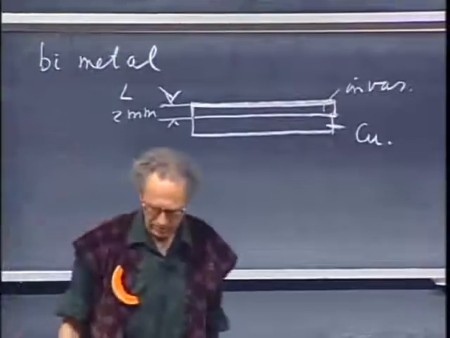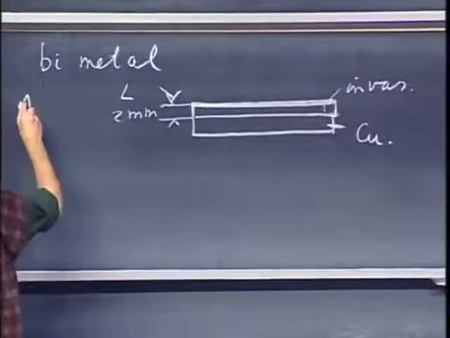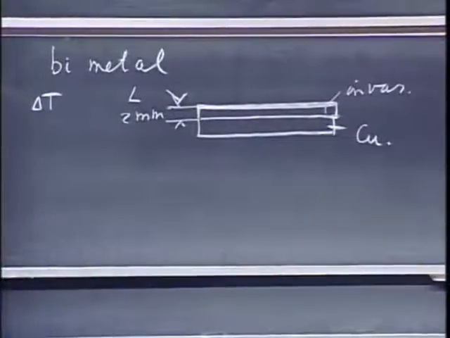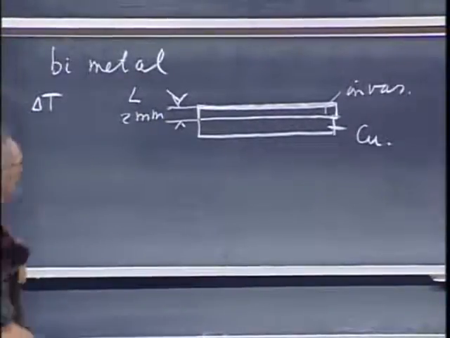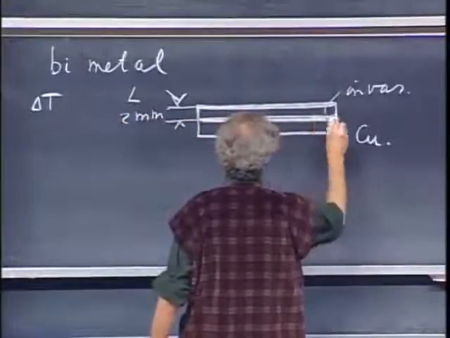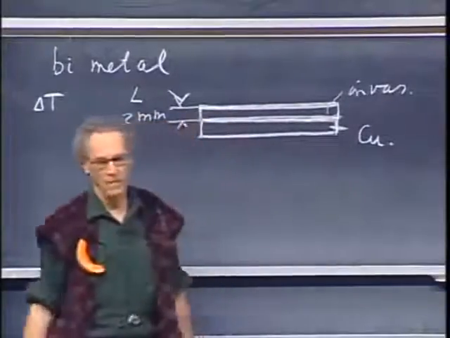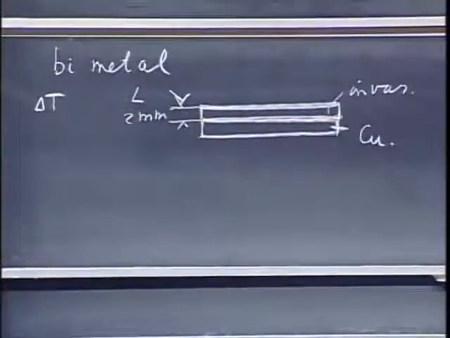And I'm going to heat it, increase in temperature delta T. I'm not interested really in knowing how long the copper gets and how long the invar gets, but I'm very interested in knowing the difference in the lengths between the two. Because what's going to happen when one gets longer than the other? Something's got to give.